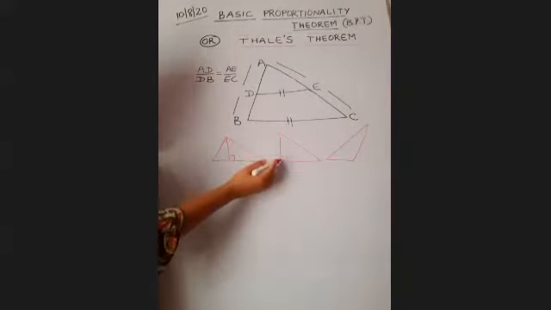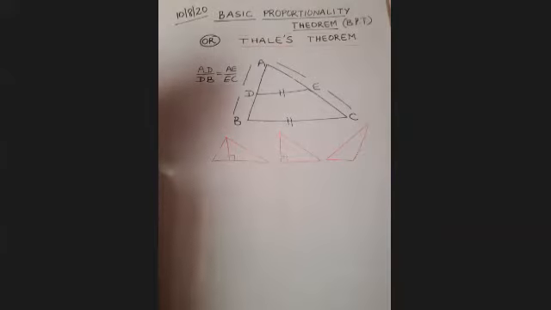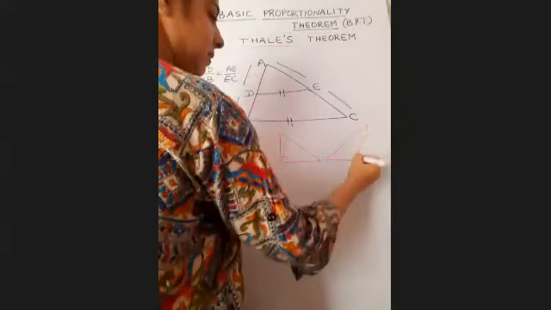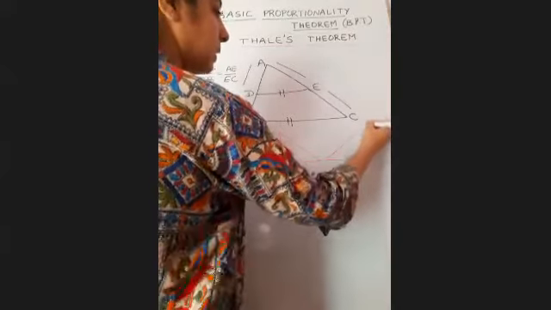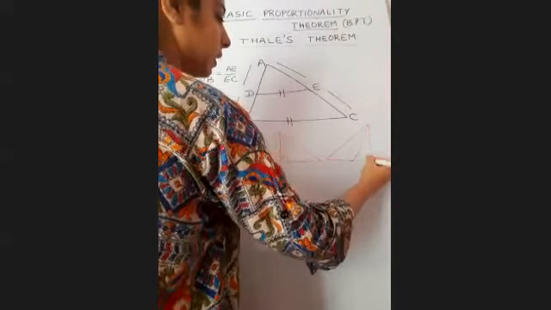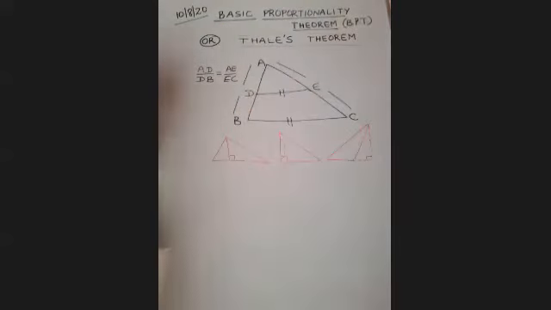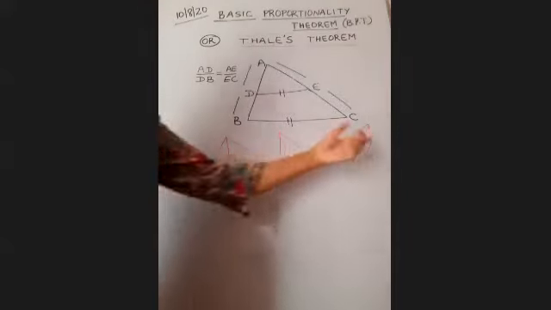In right angle triangle, one of the sides is a perpendicular. But what about obtuse angle triangle? Where does the perpendicular lie? Outside the triangle. So keep this in mind, we shall be using it here: in obtuse angle triangle, the perpendicular lies outside.